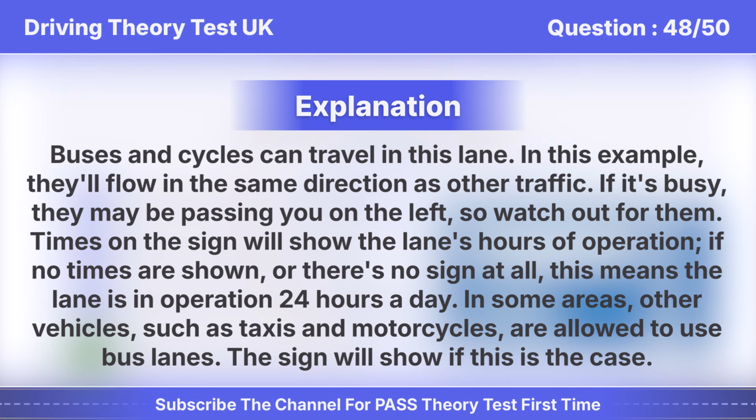If it's busy, they may be passing you on the left, so watch out for them. Times on the sign will show the lane's hours of operation. If no times are shown, or there's no sign at all, this means the lane is in operation 24 hours a day. In some areas, other vehicles, such as taxis and motorcycles, are allowed to use bus lanes. The sign will show if this is the case.